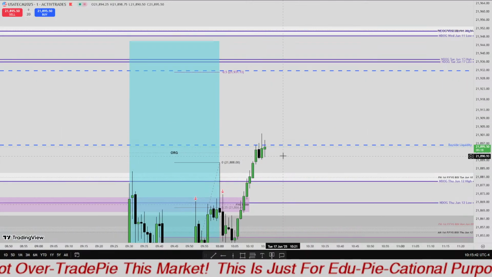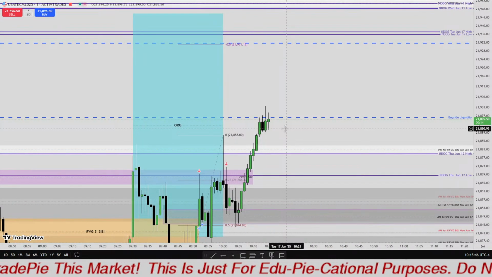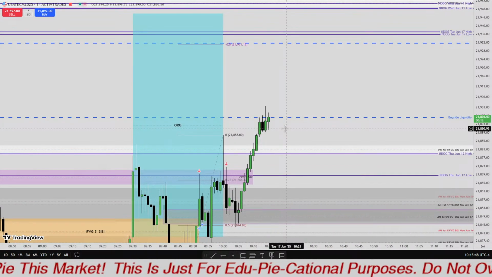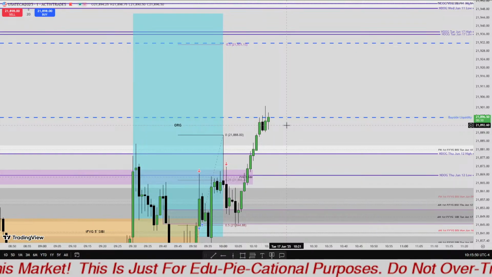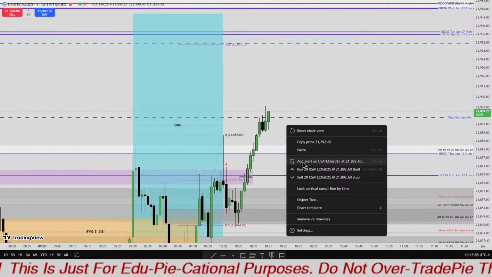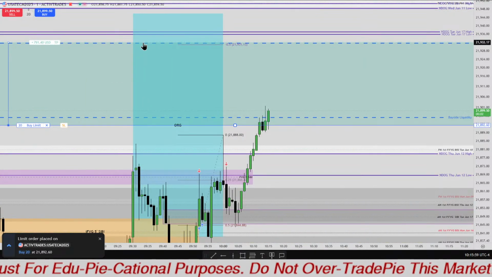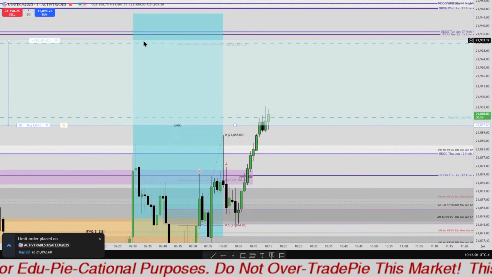So I think we can utilize this consequent encroachment of the open range for another entry, targeting this 50% projection.